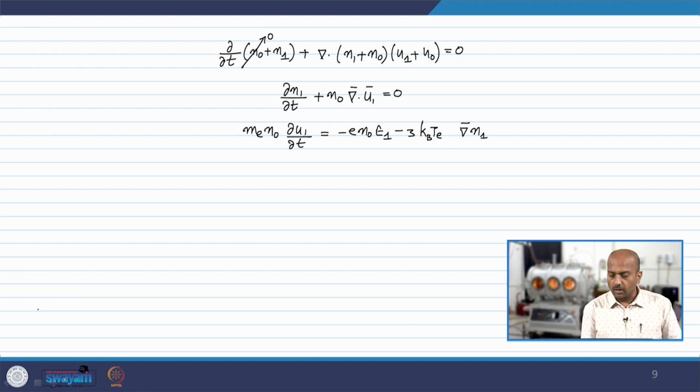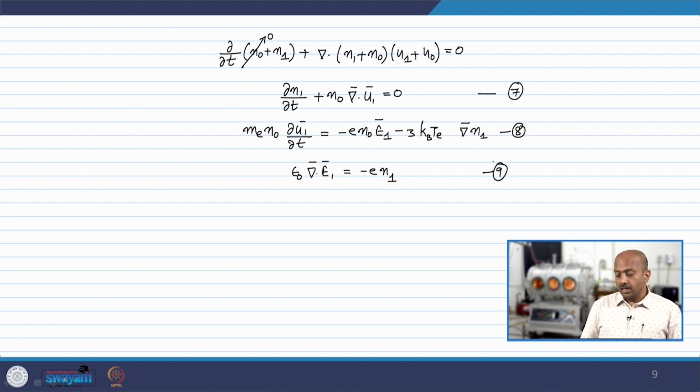And the Poisson equation as epsilon naught times del dot E 1 is equal to minus e n 1. Let us call these equations number 7, 8 and 9. These are the linearized governing equations in which we have only the perturbation variables.